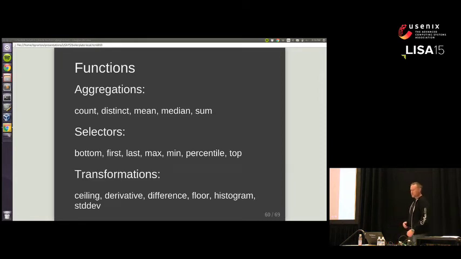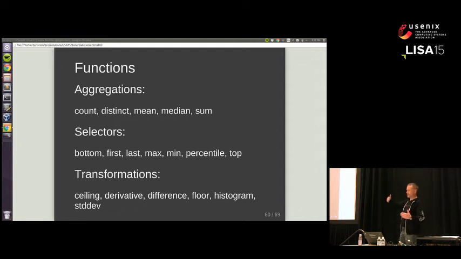And then we have transformations. A fairly common example is the derivative. Let's say you're looking at packets received, and it's the total number of packets received. Every time we take that measurement, at this minute it was 10 packets received, and a minute later we check it and it was 100 packets received total.